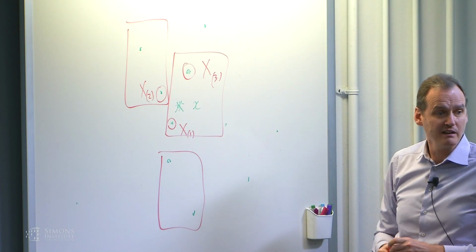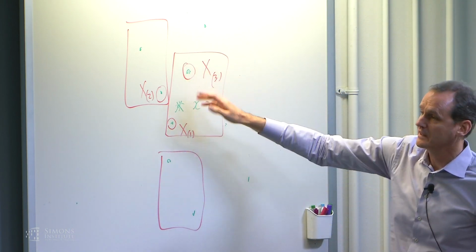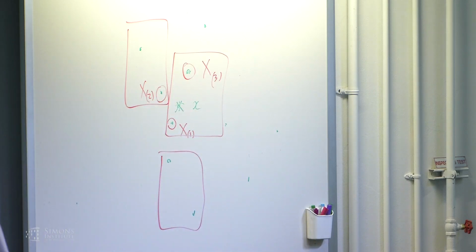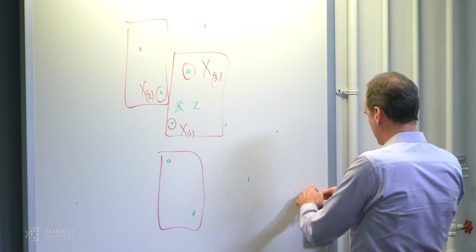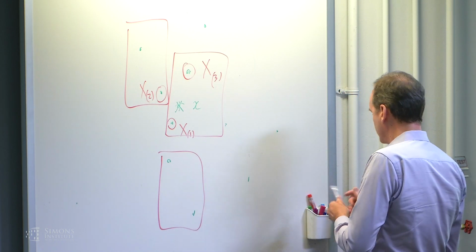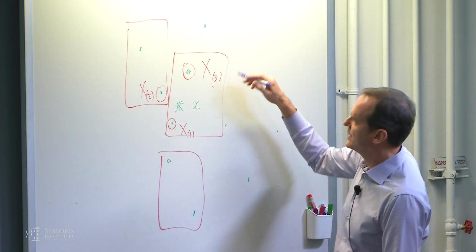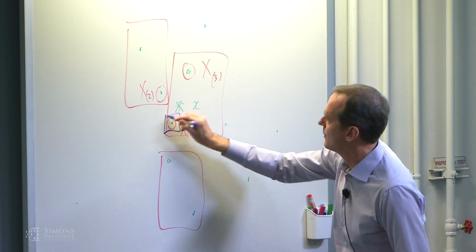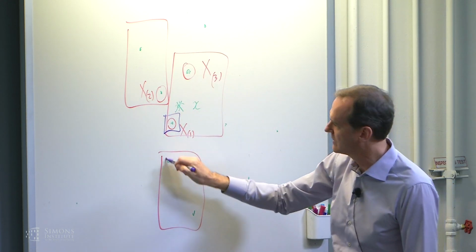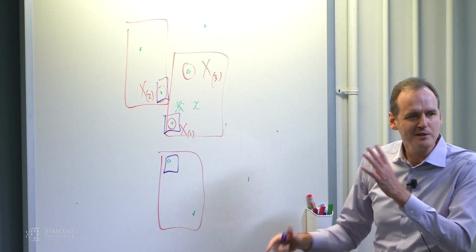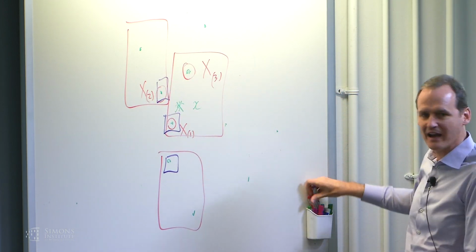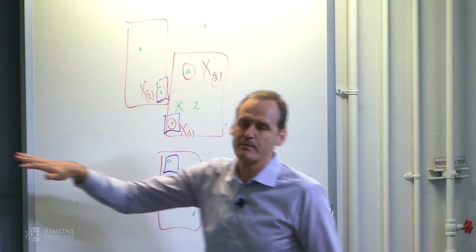In this case, 3. And then I'm saying don't pick the k nearest neighbors and look at this quantity. Pick the nearest from each of these. So that would be that one from this element of the partition, and that one from this element, and that one. And I'm saying if we do that rather suboptimal thing, we get an upper bound.